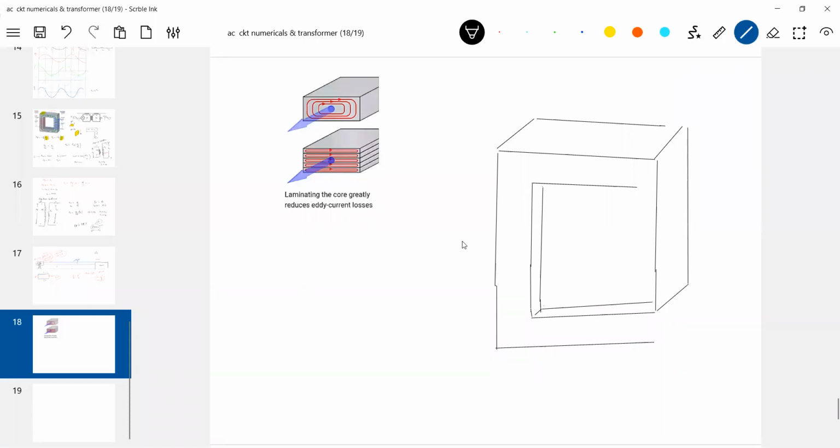You'll understand the meaning of the 3D diagram.